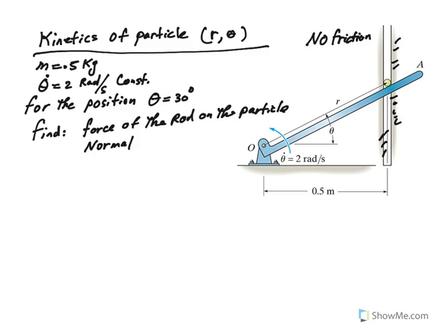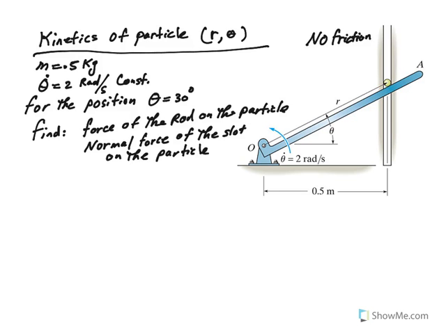So there would be a force that the slot exerts on the particle. Based on what is given, guys, it's actually more convenient to use the r theta coordinate system as opposed to nt, normal tangential, because of the nature of what's given.